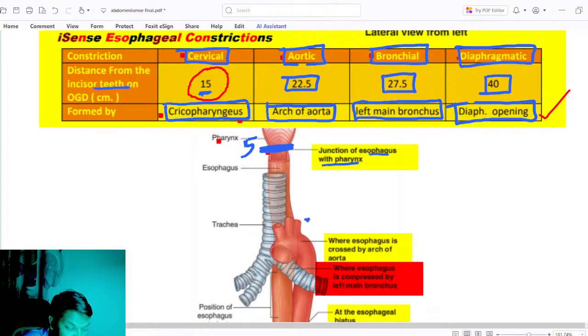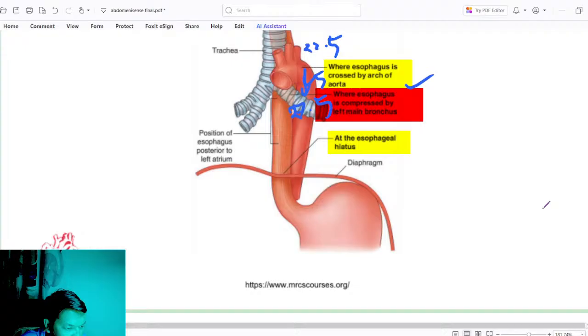Then just 5 centimeter below, there is bronchus. So it will be 27.5 by left main bronchus. And then when it is entering into the diaphragm, because of the diaphragm, there will be constriction and it is almost 40 centimeter from the incisor tip.